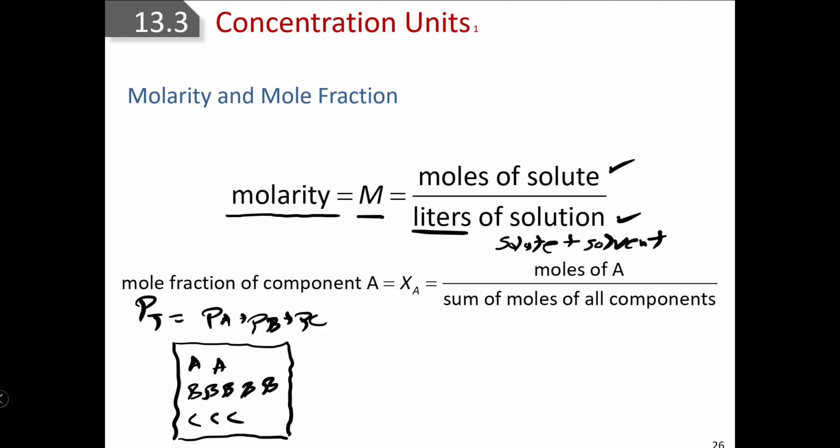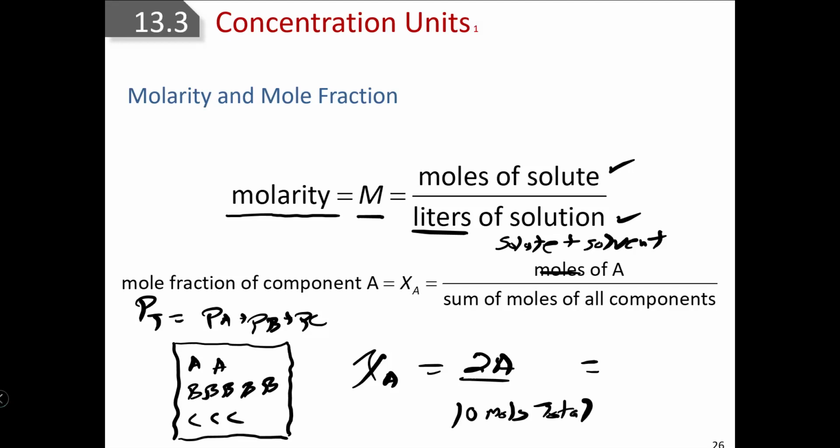Well, mole fraction is related to this, actually. If I want to know what the mole fraction of A is, I have 2 particles of A, or 2 moles of A, I should say, because we're going to be working with moles. 2 moles of A divided by a total of 10 moles. All right, 2 plus 5 plus 3 is 10.